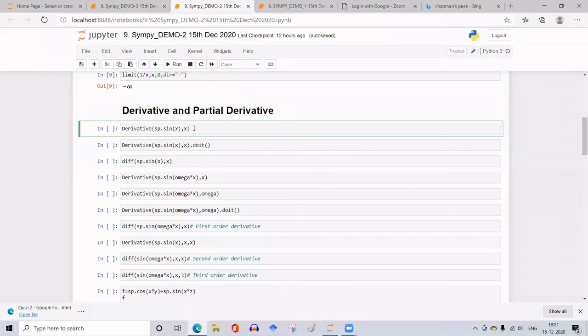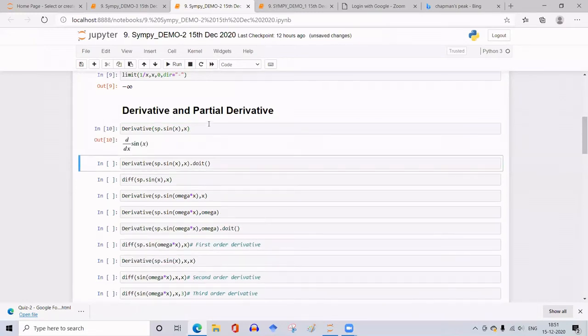What I must get is d by dx of sin x. In symbolic form, it is the derivative of sp.sin(x), x. If I evaluate it with doit, it will evaluate d by dx of sin x. What is the result?